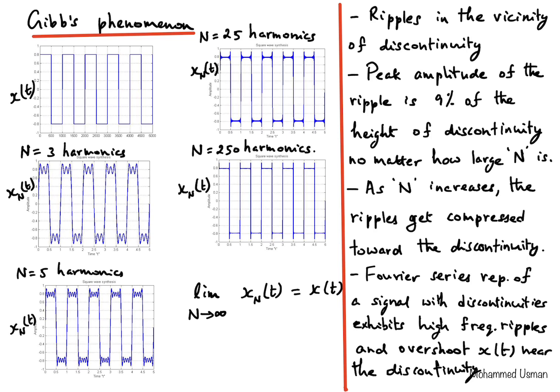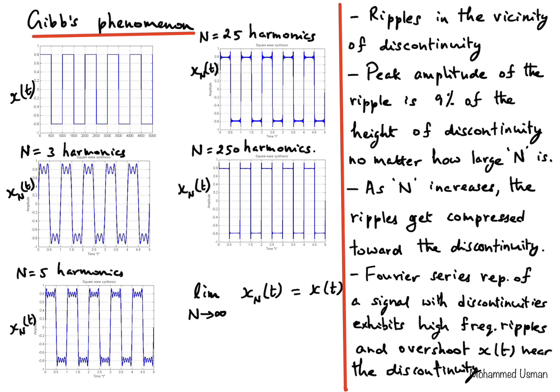The second observation is that the peak amplitude of the ripple is the same irrespective of the value of n, whether n is equal to 3, 5, 25, 250, 2500, or even infinity. The peak amplitude of the ripple in all these cases is fixed, and that is equal to 9% of the total height of the discontinuity.